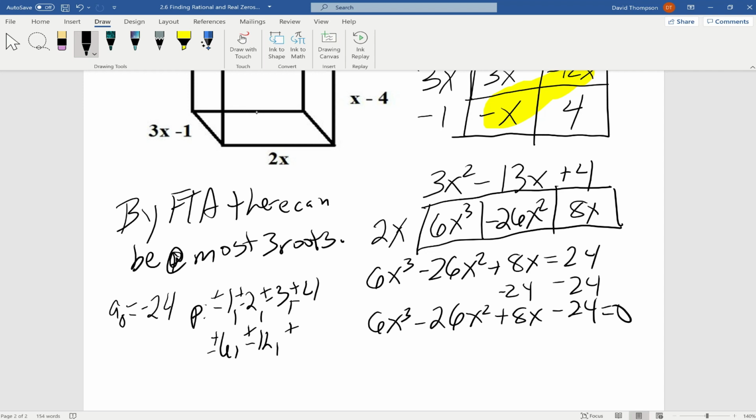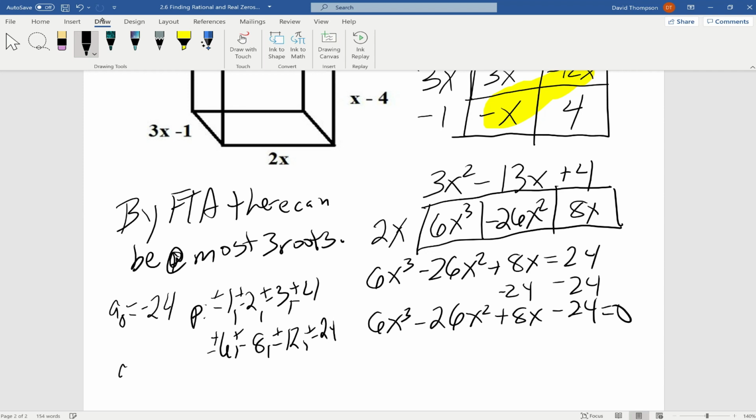We missed plus and minus 8. So all these numbers multiply to give me 24. So plus and minus 8, plus and minus 12, and plus and minus 24.